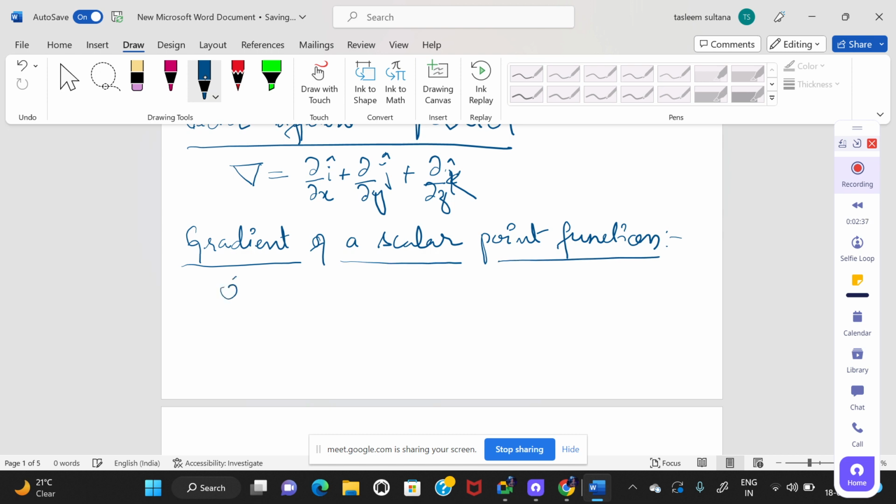Let phi of x comma y comma z be a scalar point function of position defined in some region of space.